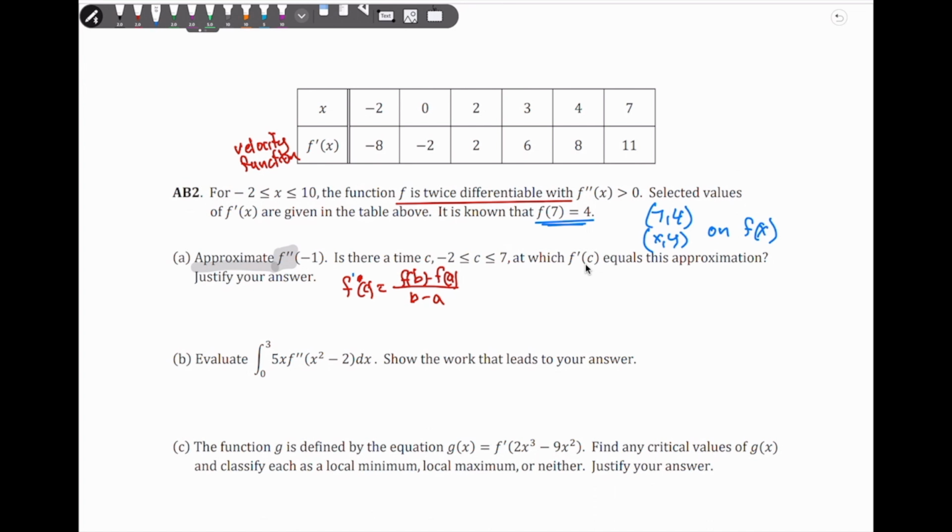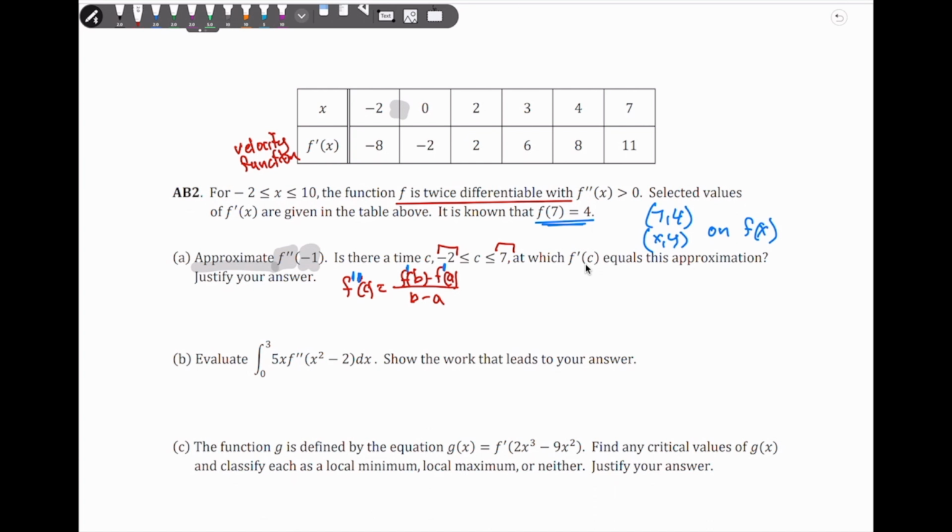So this is the second derivative now, analyzed between the difference between the f primes. If I'm looking between the values of -2 and 7, my b value becomes 7 and my a value is -2. So when I set this up, I'm looking for an approximation existing between 0 and -2. That's my -1 right here.